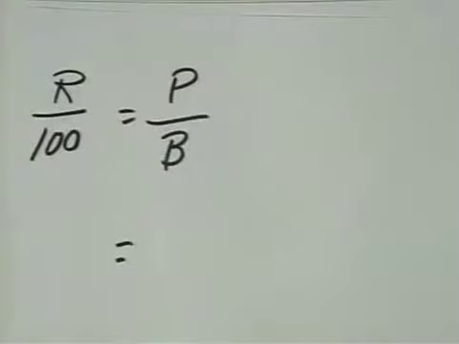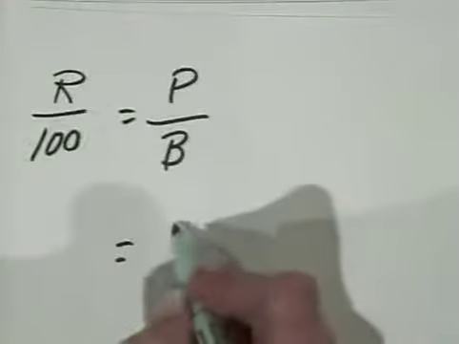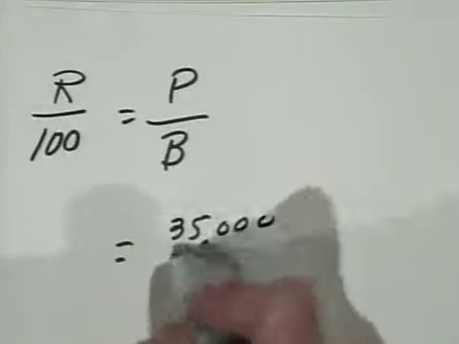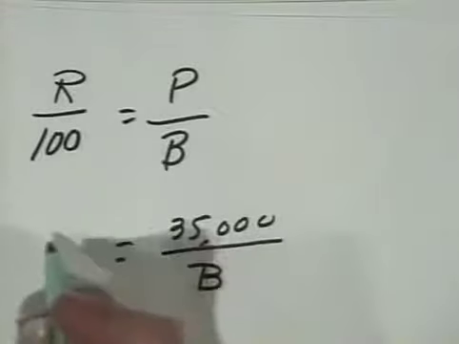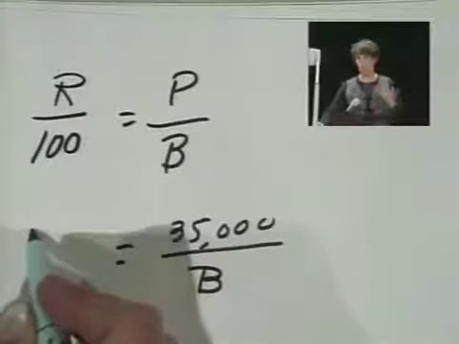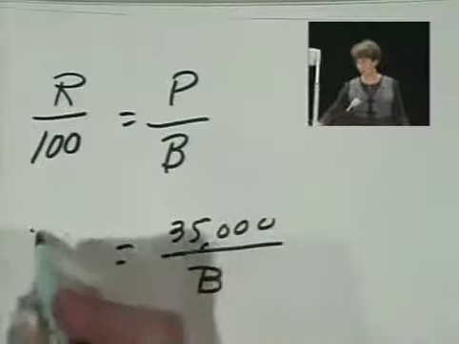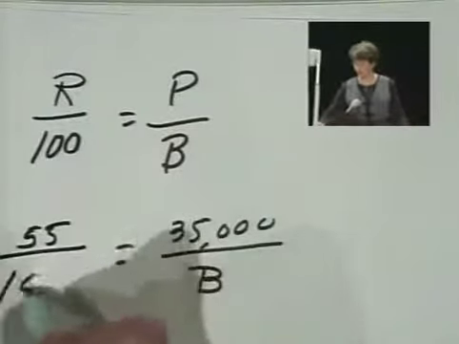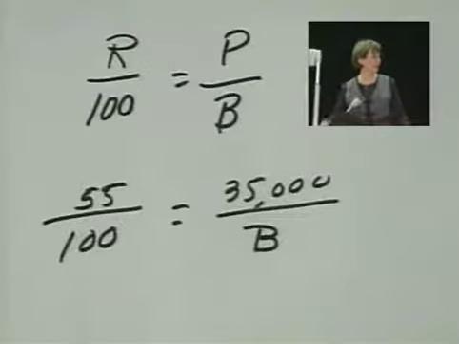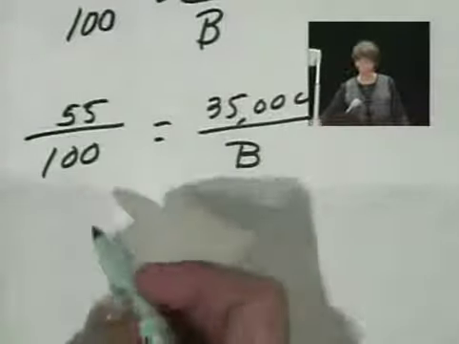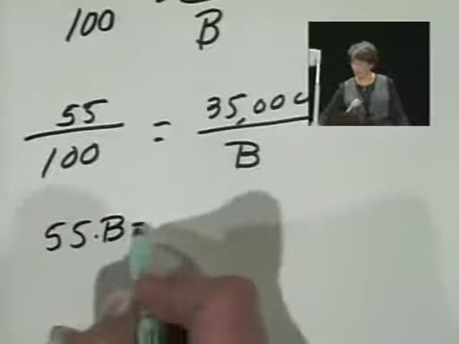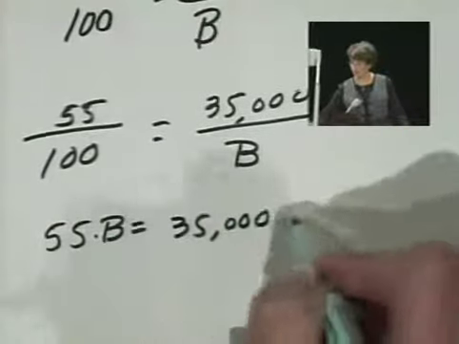So we're going R over 100 equal P over B. We're looking for the total amount. We're looking for B. We have the part. The part is 35,000. The percent, or the rate, that represents the part is 55. If we take that and cross multiply, I'm going to get 55 times B equal 35,000 times 100.